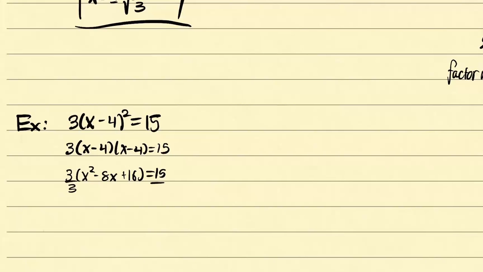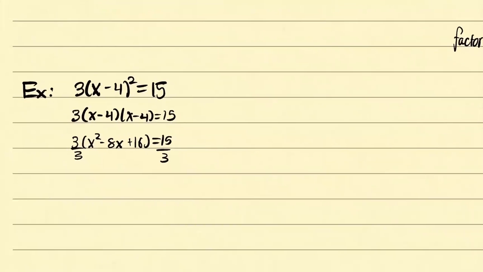We can make our lives a little easier and get rid of that 3. So then this is x squared minus 8x plus 16 is equal to 5. This is x squared minus 8x plus 11 is equal to 0. But now you're stuck. Now we don't have a great way of solving this.